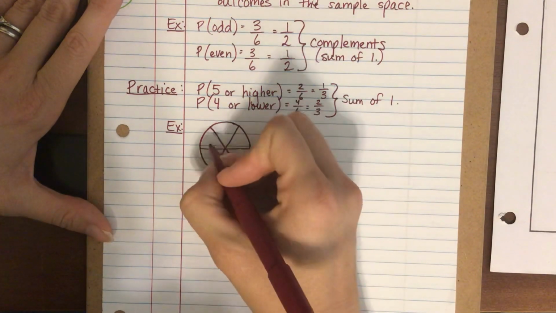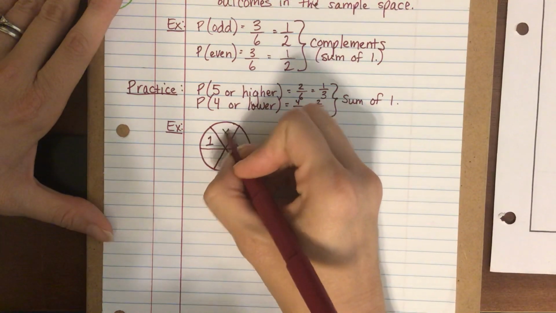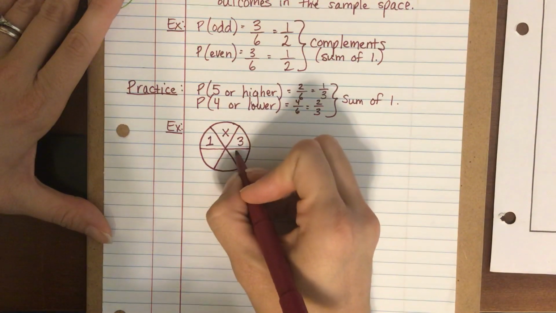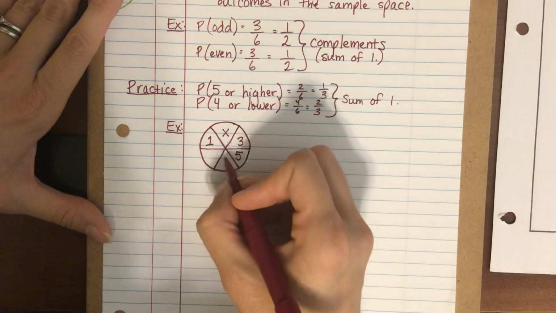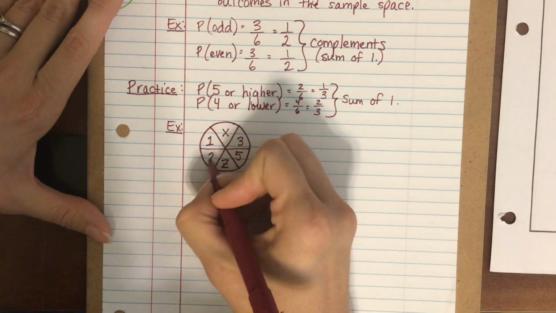Okay, so let's say that this area is the number 1. This area is the letter X. And then we have 3, 5. This is the letter Z. And this is the letter 2.